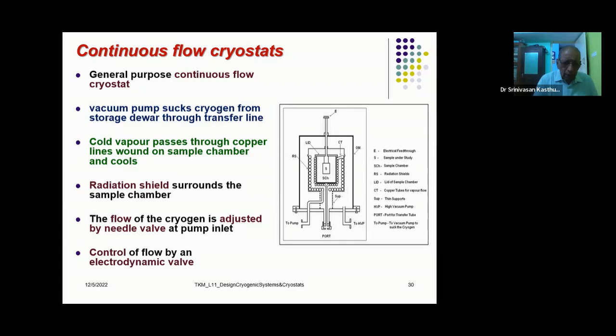Now the flow of cryogen is always adjusted by a suitable needle valve at the pump inlet, and that needle valve arrangement is controlled by what is called the electrodynamic valve. So this is an arrangement which is normally done.